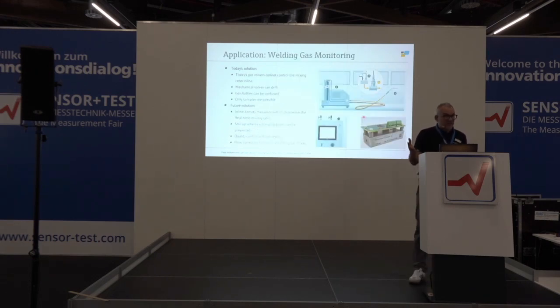Another application is welding gas monitoring, where you typically have a combination of maybe argon and hydrogen or CO2 as a protection gas, or helium. So you can detect if the mixture is correct and correct the value. You can even say if the gas bottle is the wrong gas bottle or not. So the sensor tells you which gas it recognizes.